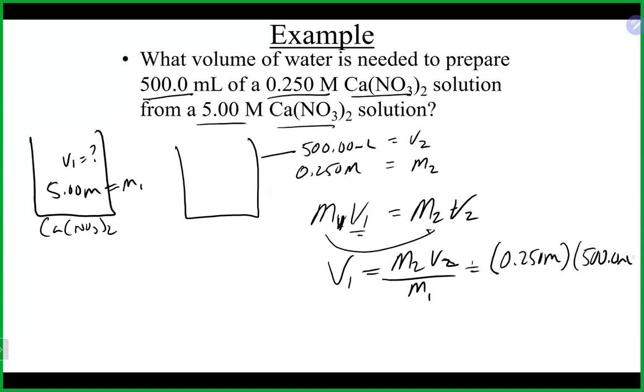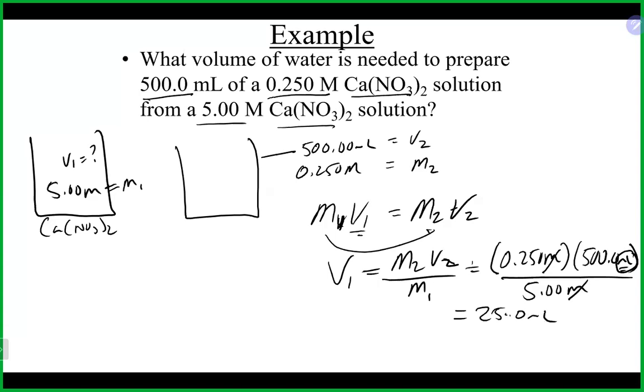Once again, because I'm using specifically this formula, I do not need to convert it into liters. If you want to, you can. The only difference here is your answer will be in liters rather than milliliters. So you're okay to leave it here. And the reason is just because the molarity on top and bottom cancel, and that leaves us milliliters as our answer. And we will end up here with 25 milliliters.